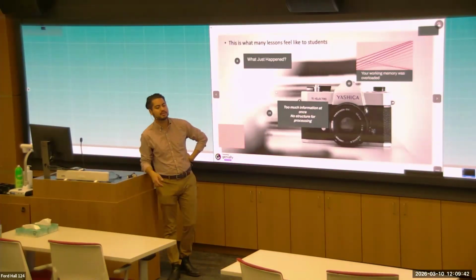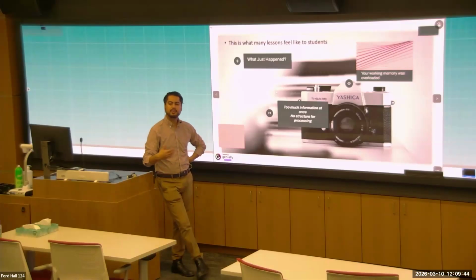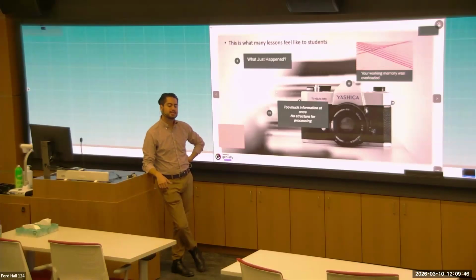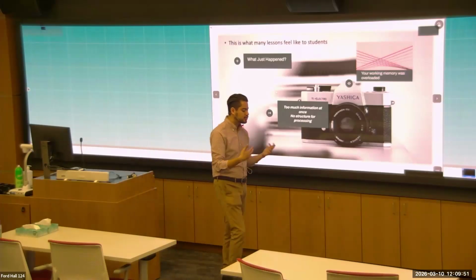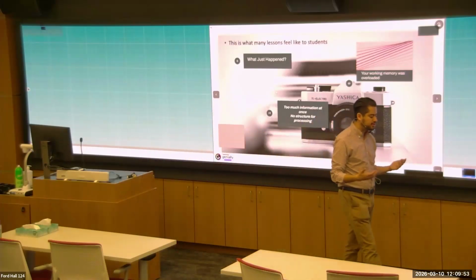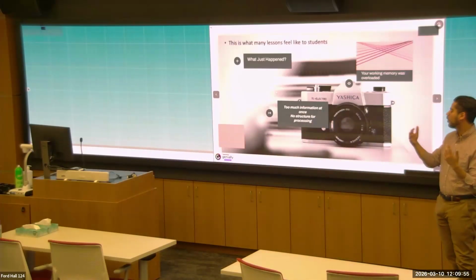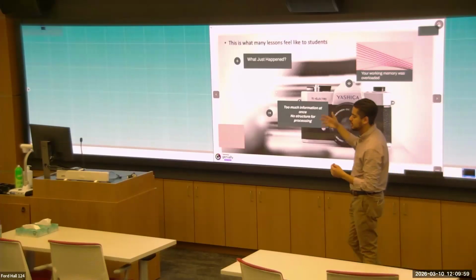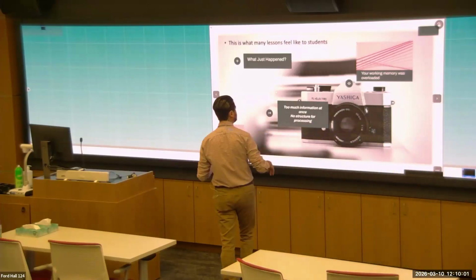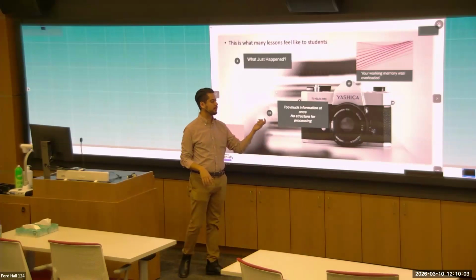But what tends to happen with this, as we've been mentioning during these sessions, is that memory tends to be locked to certain degrees. When we have these types of presentations with a lot of information, our memory just gets overloaded.